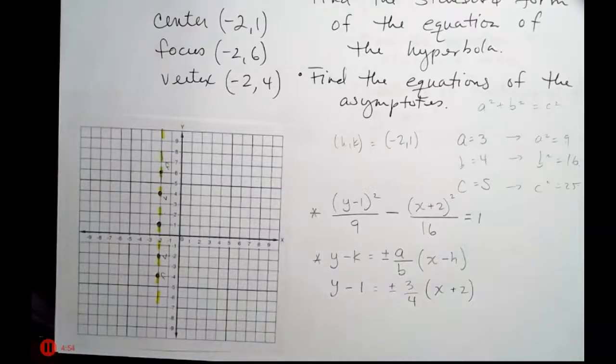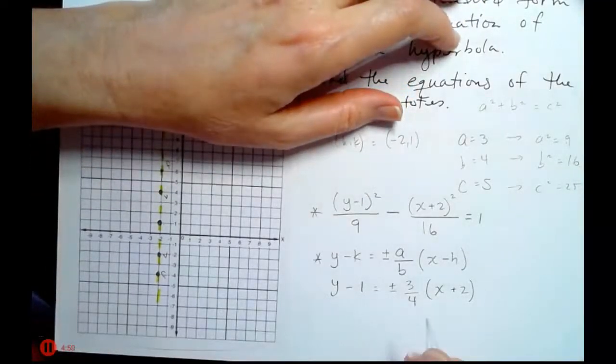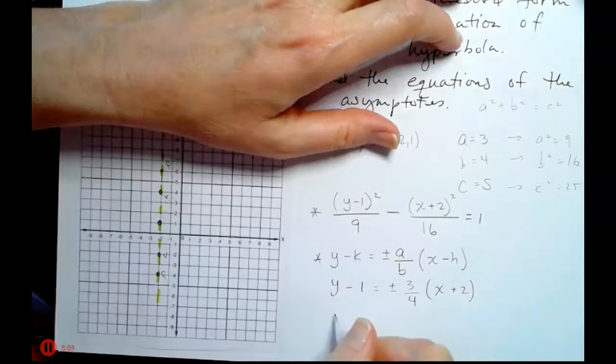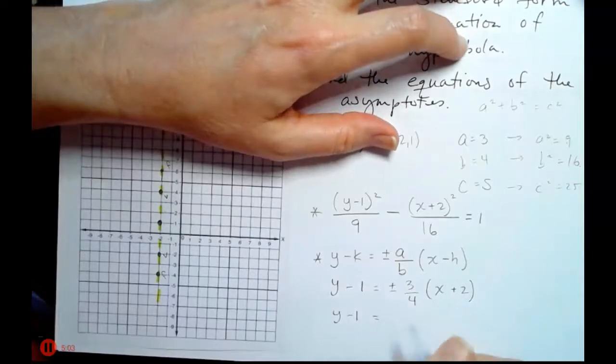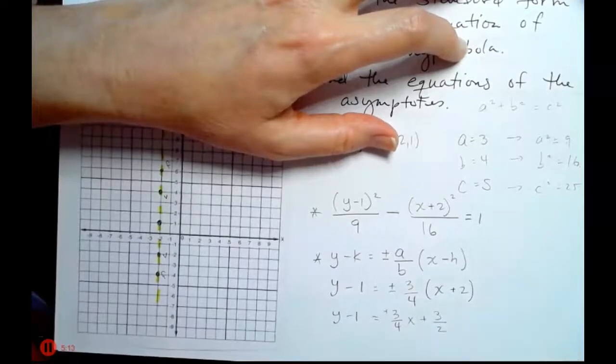Let's go all the way and find both of them specifically. First, let's distribute a positive 3/4. So y minus 1 equals positive 3/4 x, and then 3/4 of 2 is 6/4, which is the same as 3/2. Add 1 to both sides.